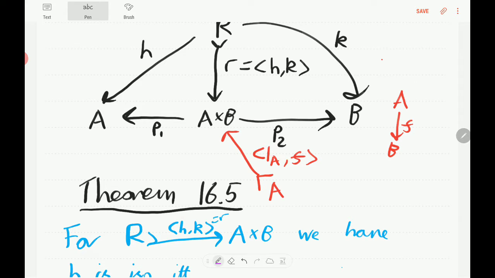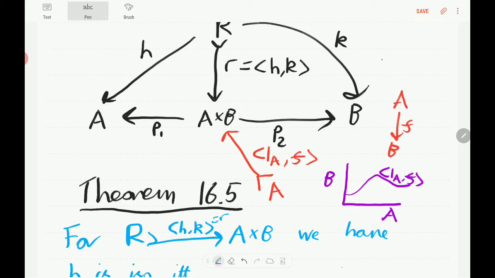A very clear example is when you are thinking about the category of sets. Think about A and B being sets of real numbers, and think about the graph of a function like this, for example. Here we have A, and here we have B. Now we have this subset of A times B, written like this.